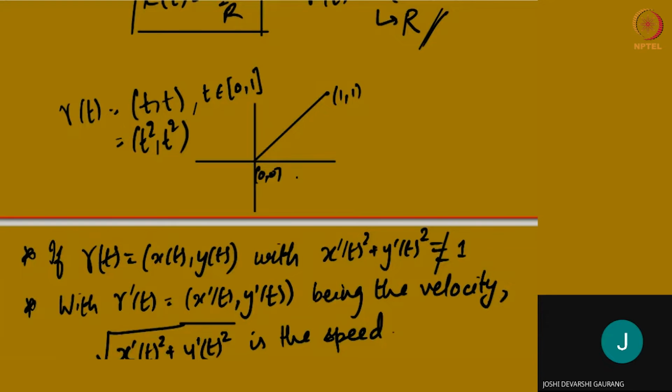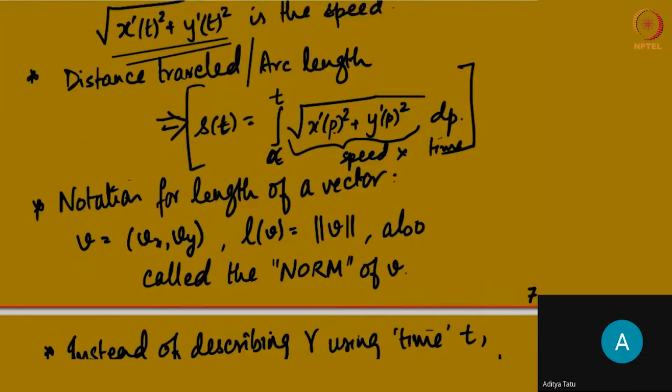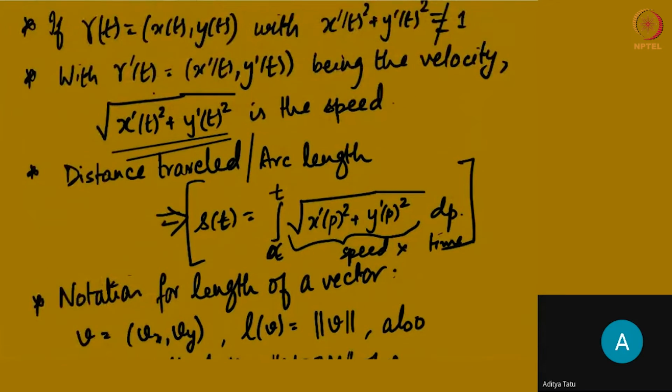Yeah, but that's what it is, right? At every point t, I know what the velocity is. Velocity is x dash t, y dash t. So that's your velocity. Just using this same concept that distance is speed into time, speed changes at every time.